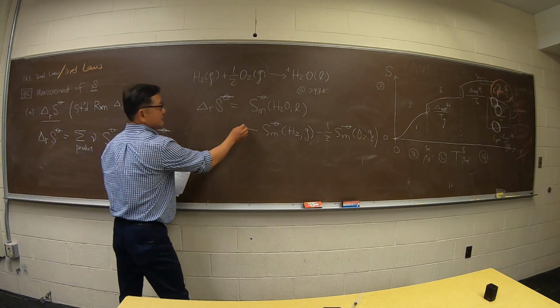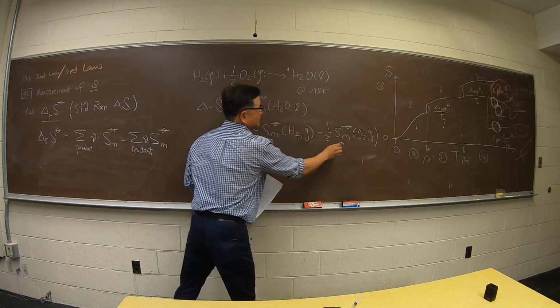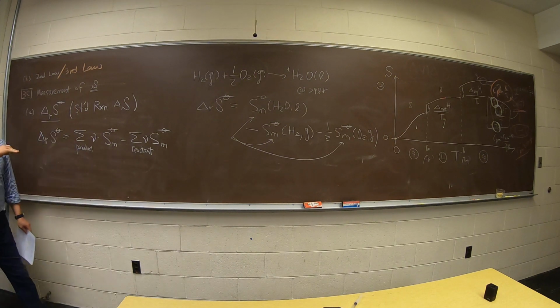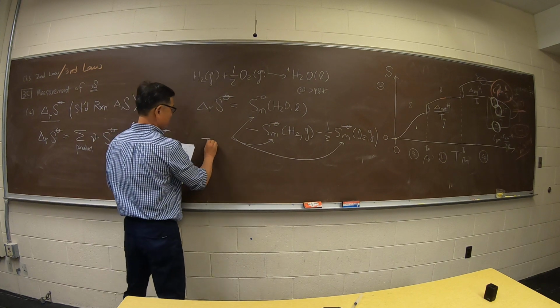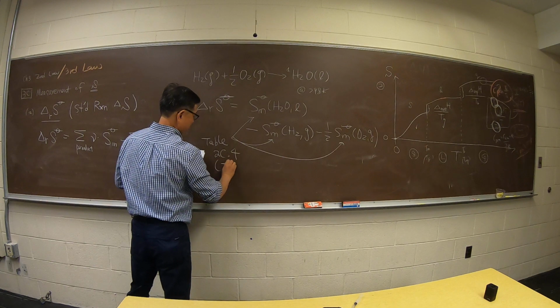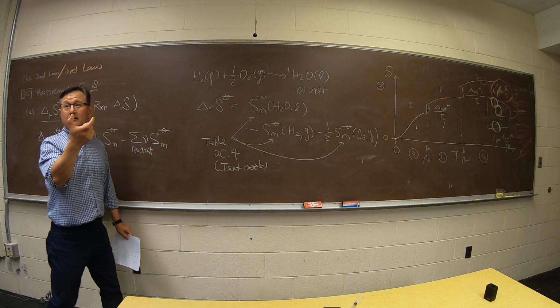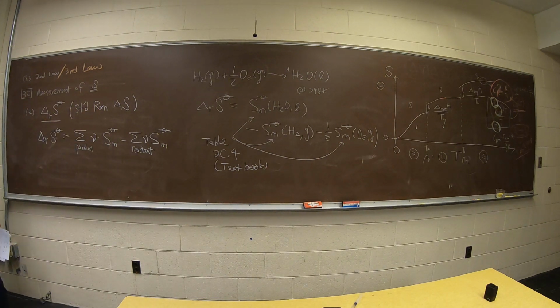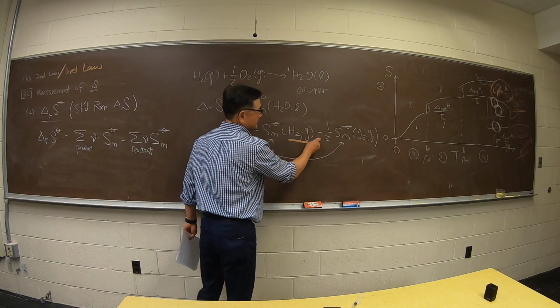And these are the values. The standard entropy, defined from absolute zero entropy, is in the table 2C4 of the textbook. If you look at the thick textbook, at the end there is one and you can read those numbers, plug them in and calculate. What I'm saying here is, don't be deceived by this.